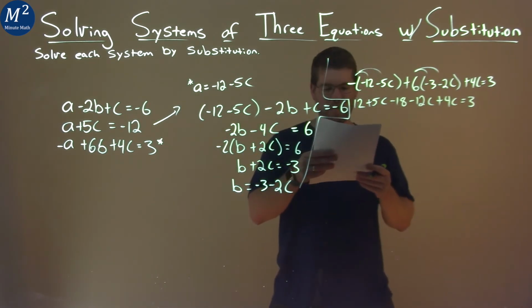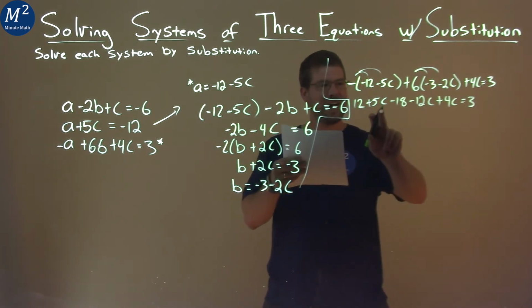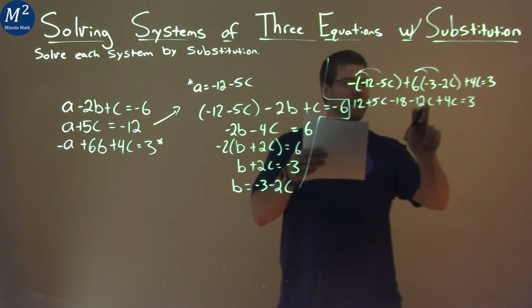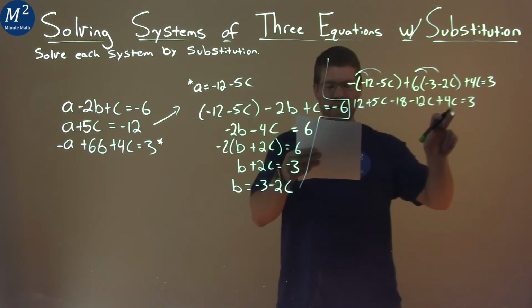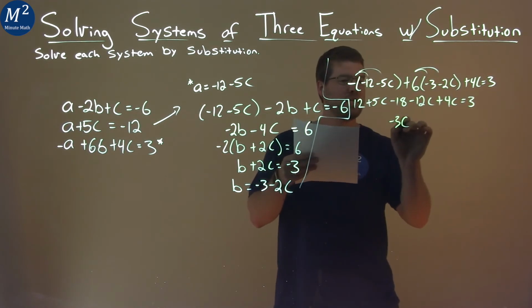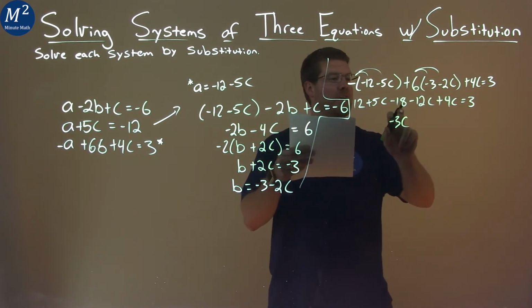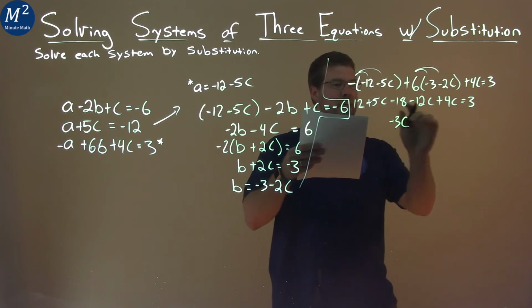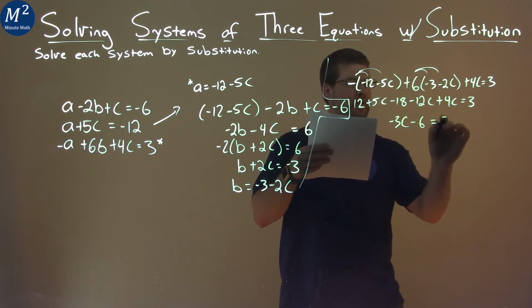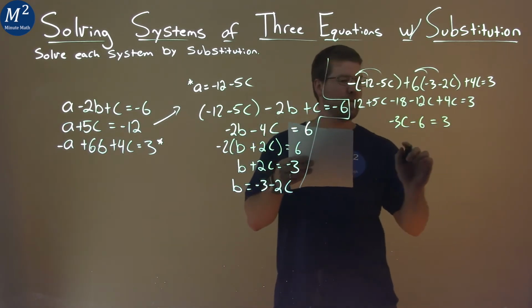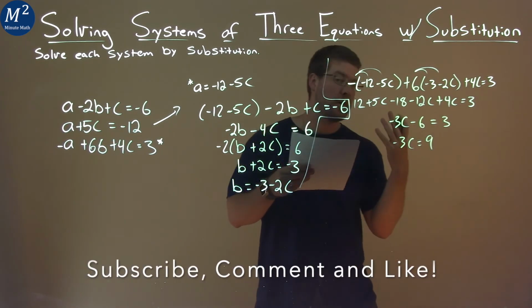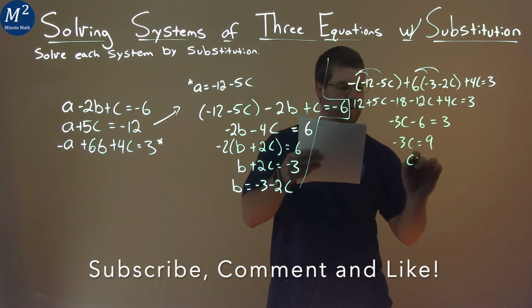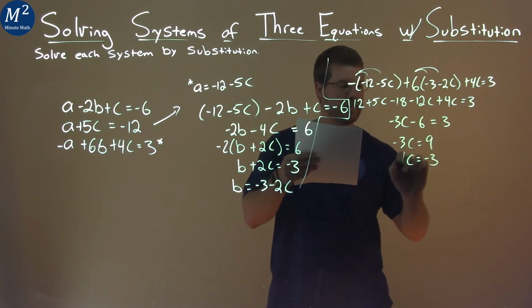Alright, so now let's combine our like terms. 5c and negative 12c and 4c all combine to be negative 3c. 12 and negative 18 add together to be minus 6, and that's equal to positive 3. Add 6 to both sides, we have negative 3c equals 9. Divide both sides by negative 3, and c equals negative 3.